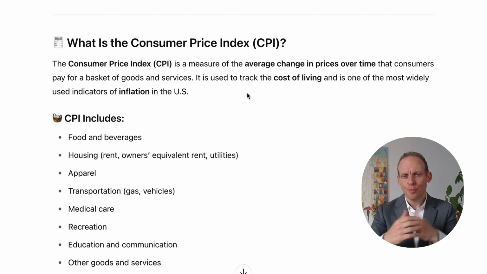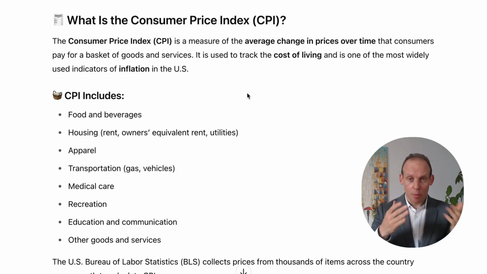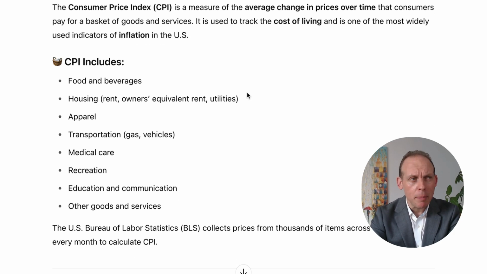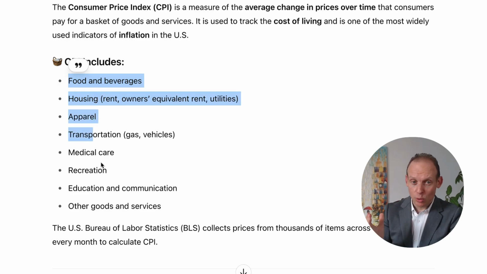If you're not familiar, you can of course read what's on my screen, but I'll summarize it for you. Inflation is a number that's taken from something called the consumer price index, which is a big list of items like food and beverages, housing, apparel, transportation, all sorts of things that people consume.